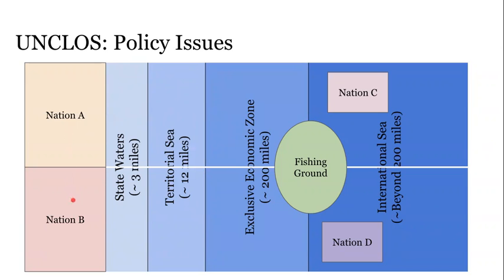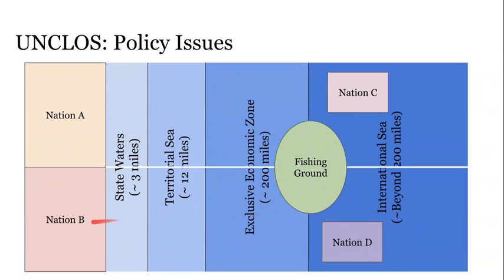Now, even if the scenario is like this, you can see the problem where nation C and nation D are maybe having access and nation A has access. So again, that sort of race to the bottom. But even under this situation, and even though UNCLOS might not have a solution to the actual question of who has access to the fishing ground, there may be other scenarios.